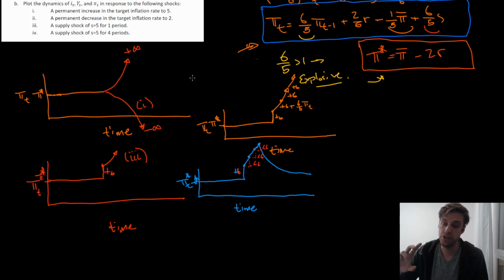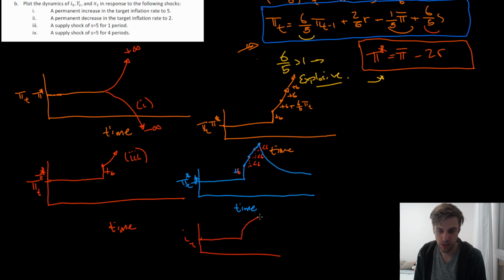It's a scaled version of each other, just that YT is upside down. Just so, IT will look just like pi t. If pi t looks like this, then IT will look like this as well. But then YT will be upside down. YT will look like this.